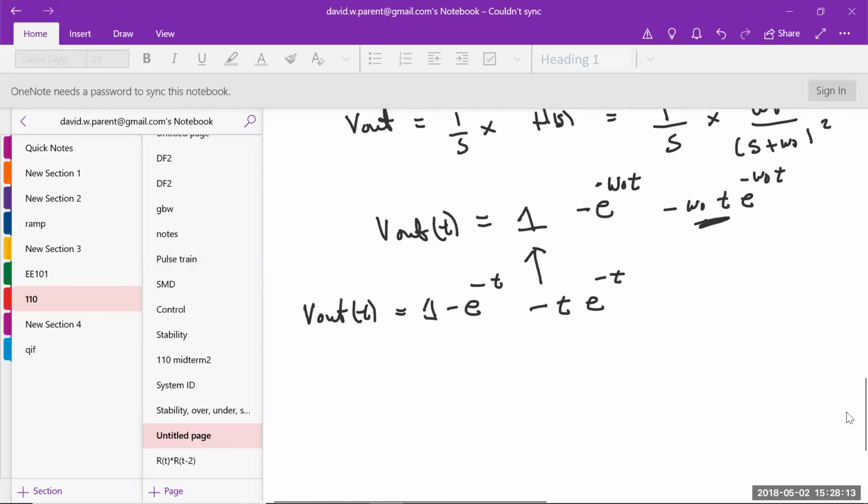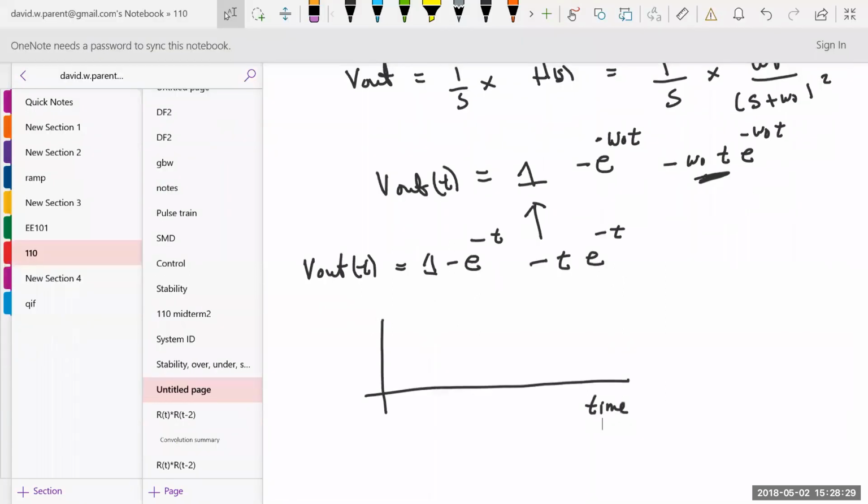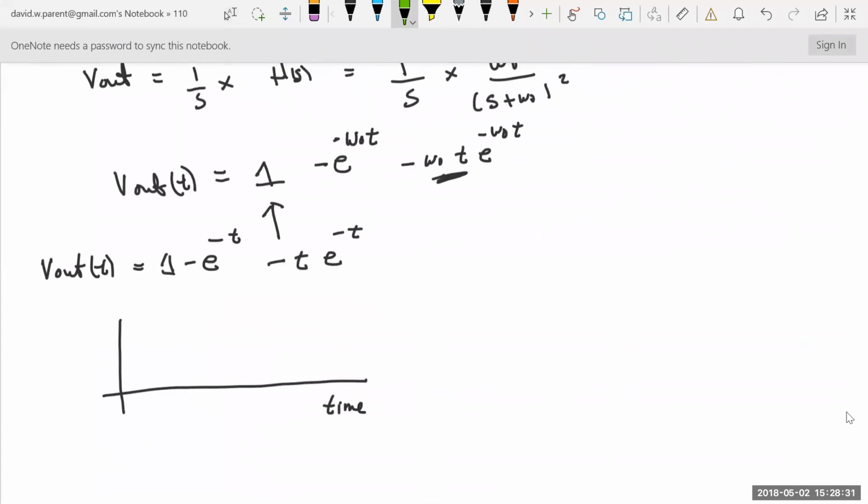I think these kinds of things are hard to plot. But you know it's going to start at 0, because e to the 0 is 1, 1 minus 1 is 0, but this is 0 times 1.